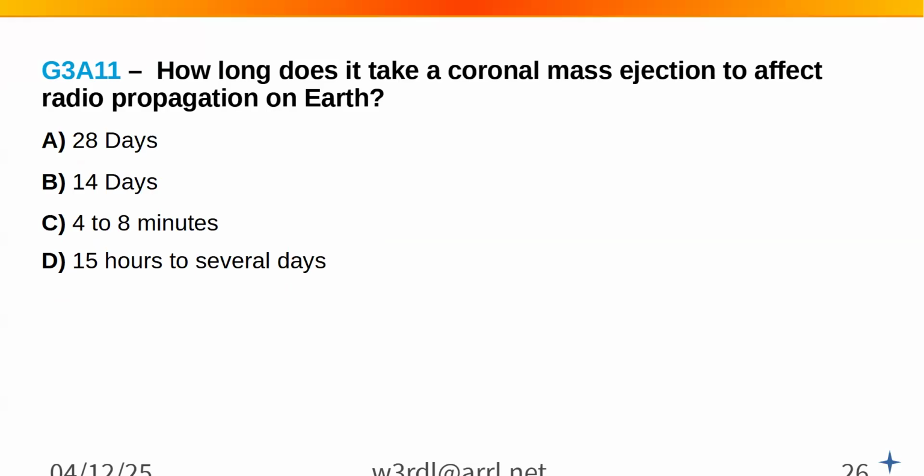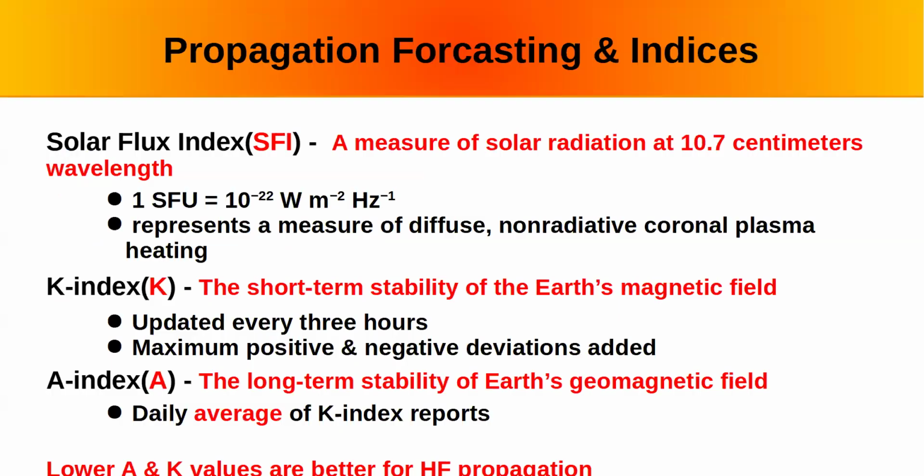How long does it take a coronal mass ejection to affect radio propagation on Earth? Okay. Now, we talked about the solar flux index a little bit, and what a solar flux unit is.